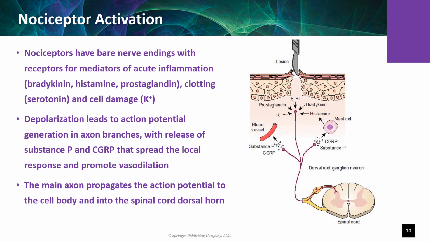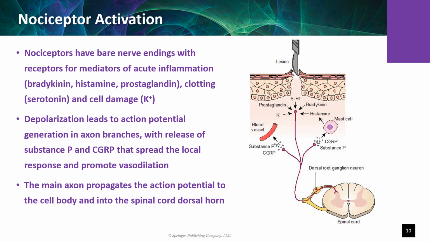The nociceptor neurons synthesize substance P and calcitonin gene-related peptide, or CGRP. They also synthesize peptide modulators that can be released as transmitters in the spinal cord, and they can also be released from the peripheral branches of the nociceptor.